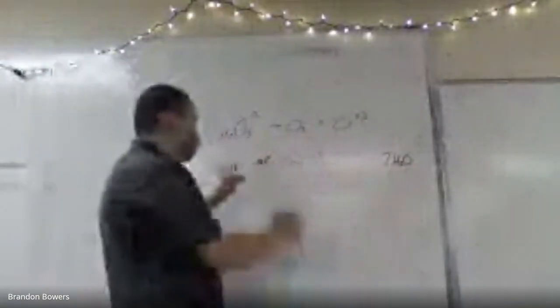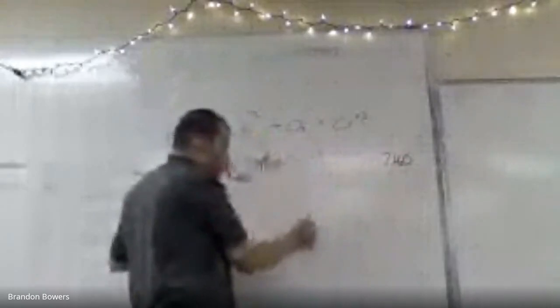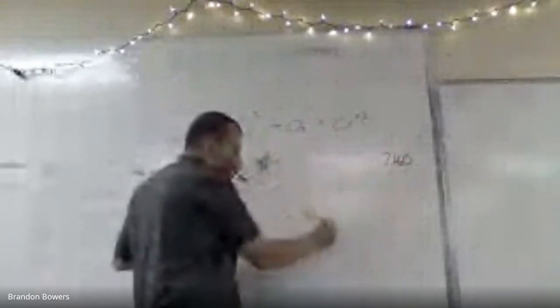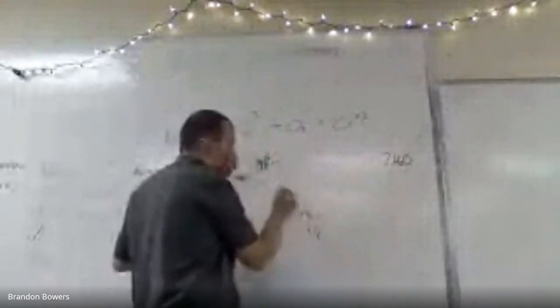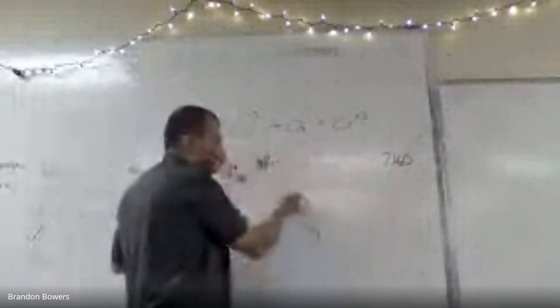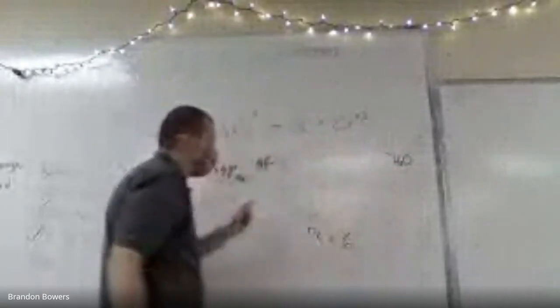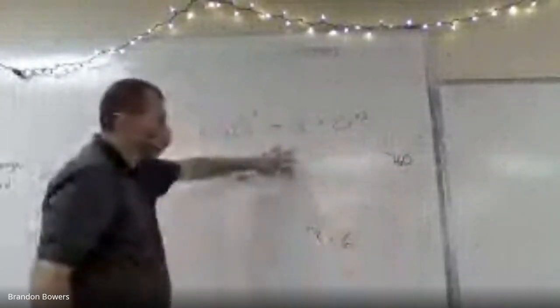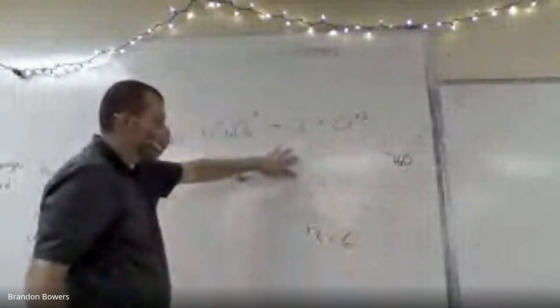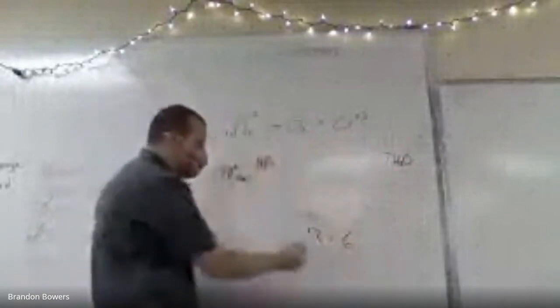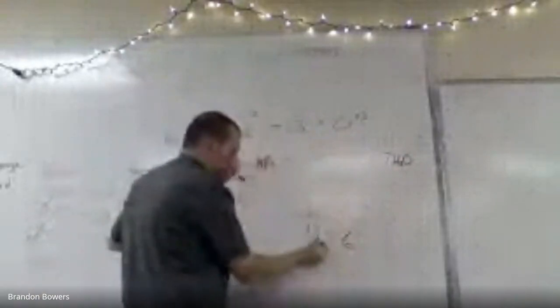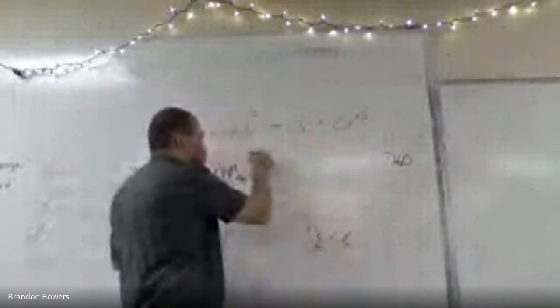I have 14 positives. I have 1 negative 2. So a total of 12. I have 2 positive 3s on this side, so a total of 6. How many electrons do I have to add to this side? 6, because 12 minus 6 was 6. So I have to add 6 electrons to that side.